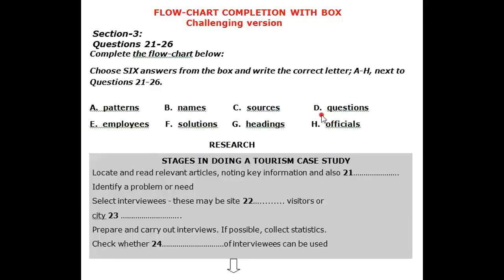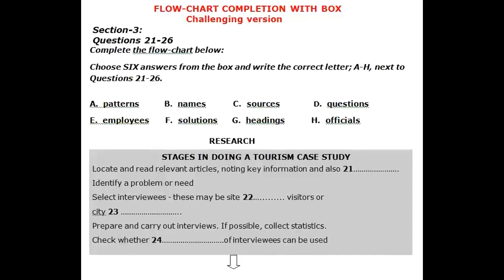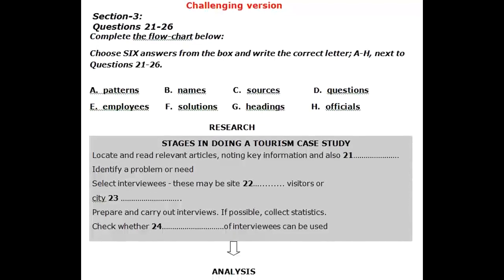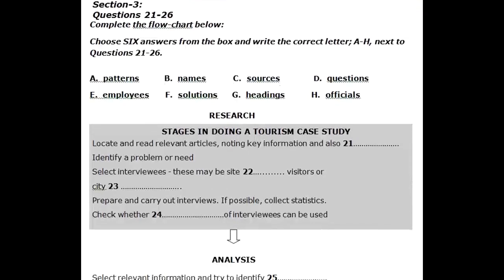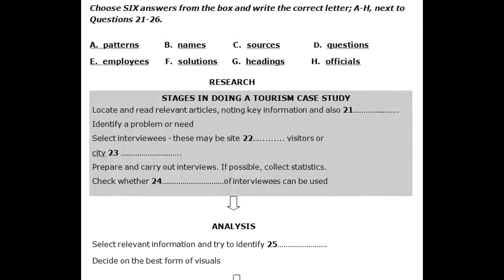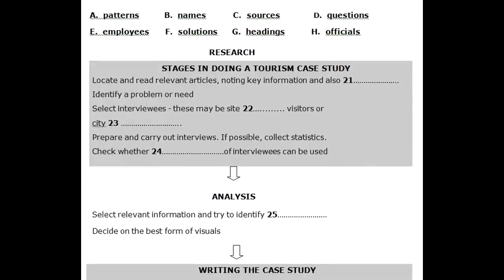So let's start with the strategy. You all know that you will get 30 seconds to go through the questions. I'll tell you the two types of strategy which can be used in this. First, go through all these words carefully when you get the time and then underline the keywords of the questions.